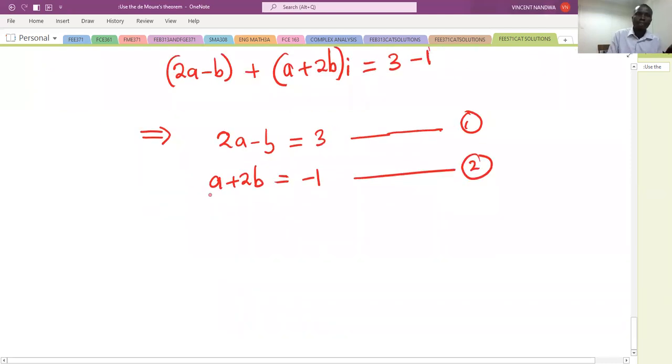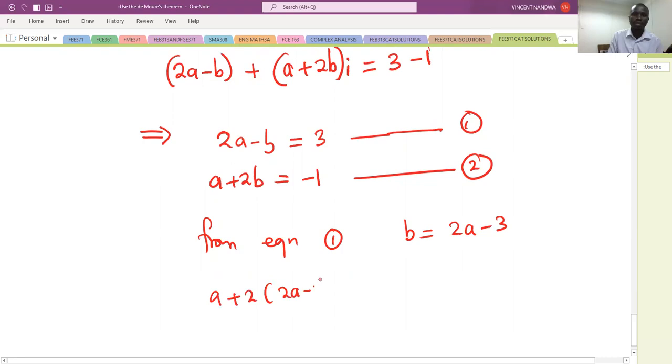From equation 1, B is the same as 2A minus 3. Replacing this in the second equation, we'll have A plus 2 into 2A minus 3 equals -1.